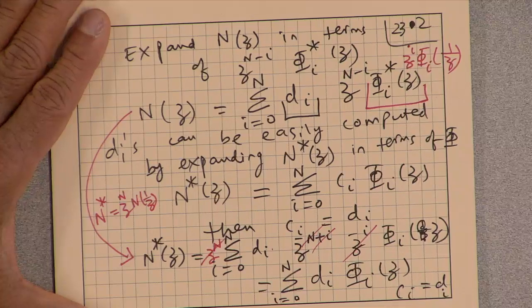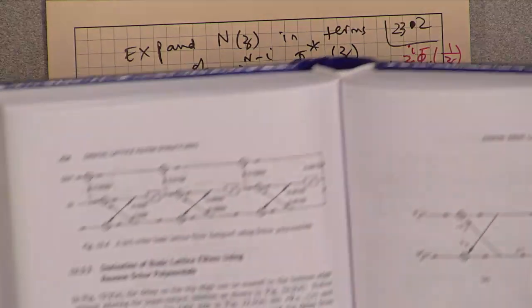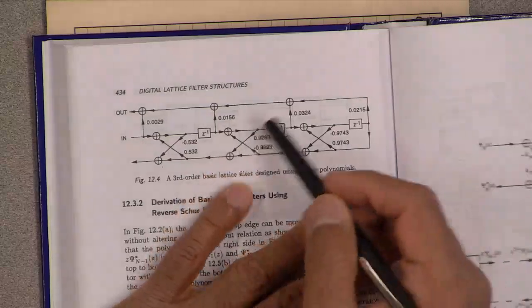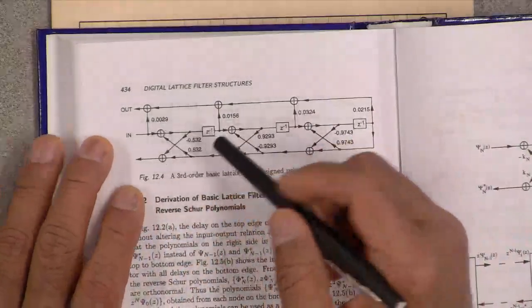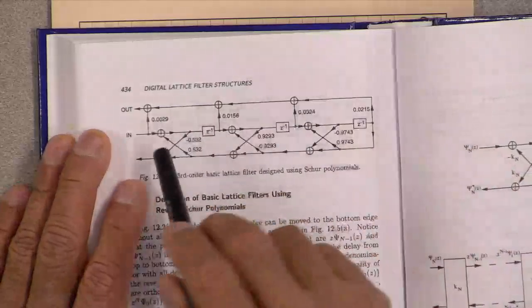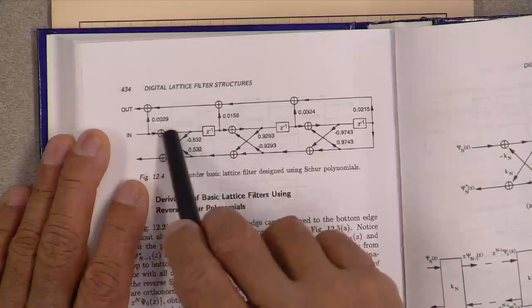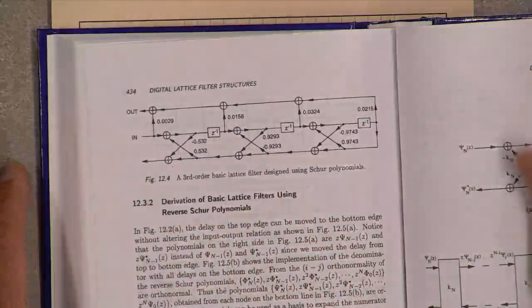Okay, so basically what I am trying to say is that the coefficients expanded from the numerator. If you look at that example, the numerator is expanded using phi 3, phi 2, phi 1, phi 0, and those coefficients are 0.0029, 0.0156, 0.0324, 0.0215.